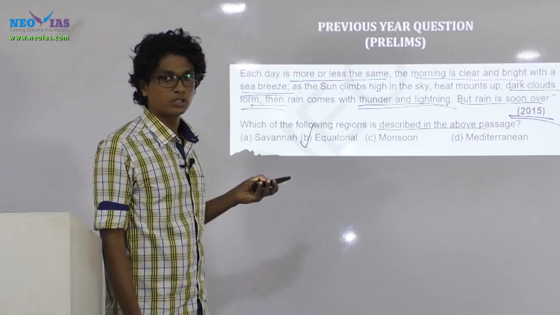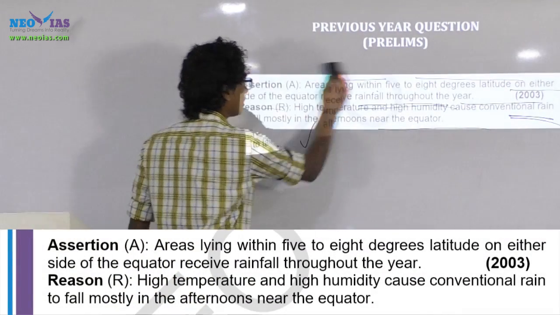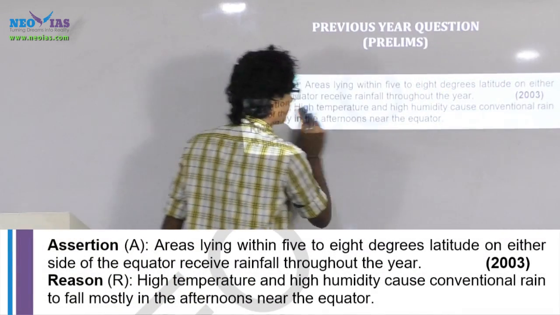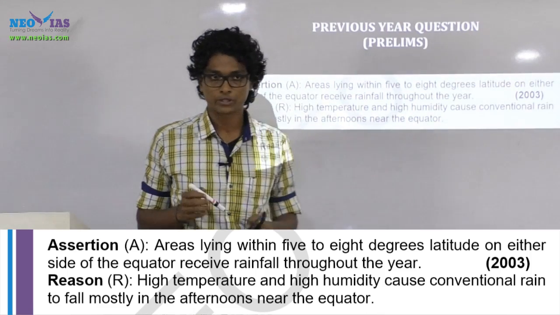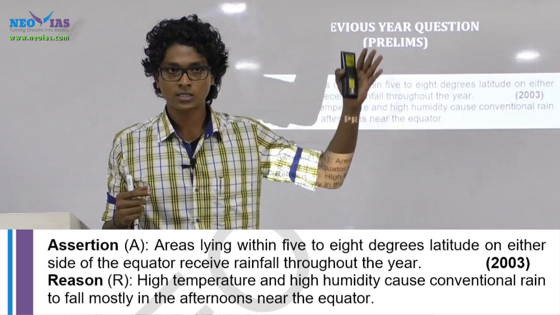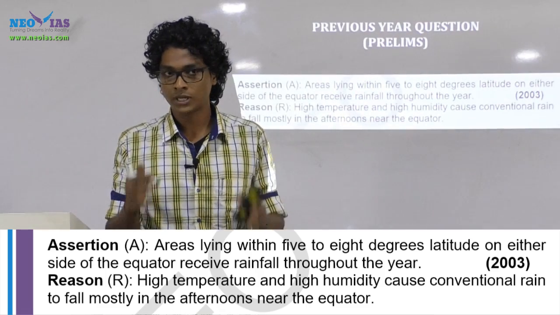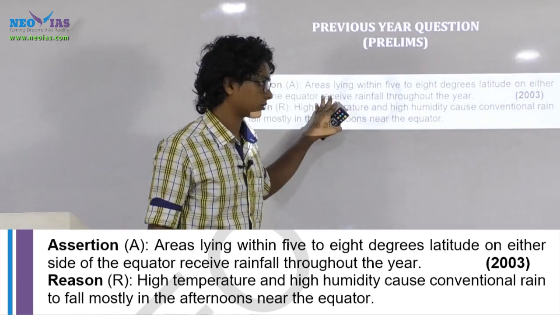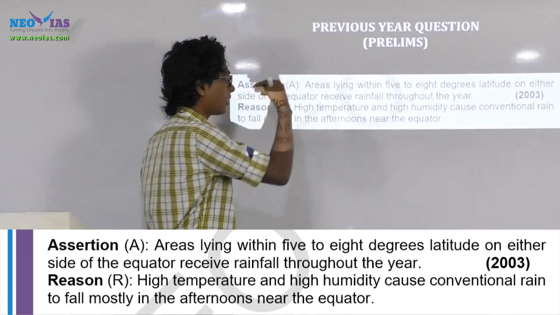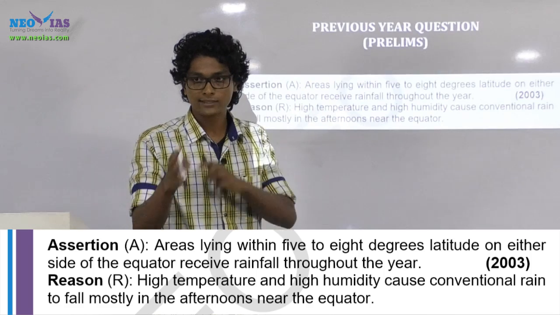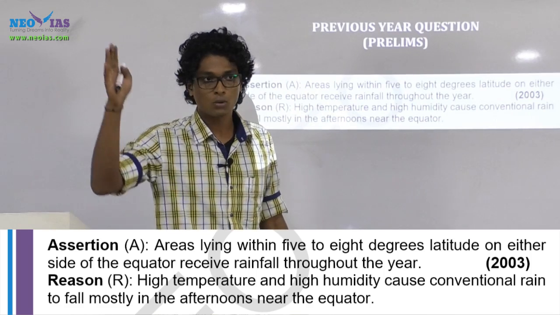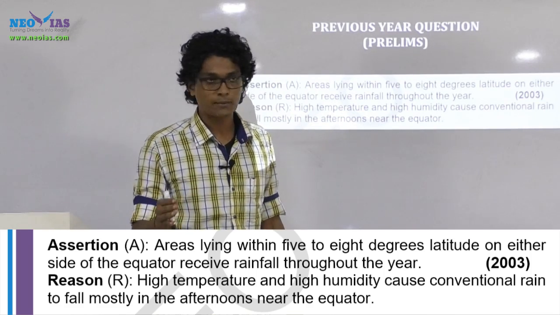There is another previous year question from this topic. The year is 2013, and this is an assertion reason type question. Nowadays they don't ask assertion reason type questions, but this area is still important for us. They can ask two-statement questions or other such questions related to these statements. So make sure you go through the entire assertion reason type questions.